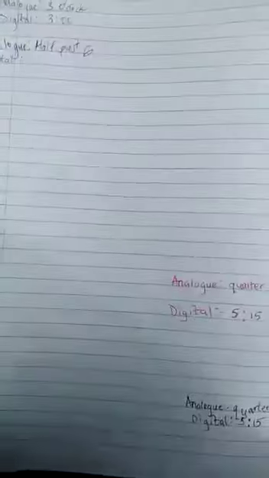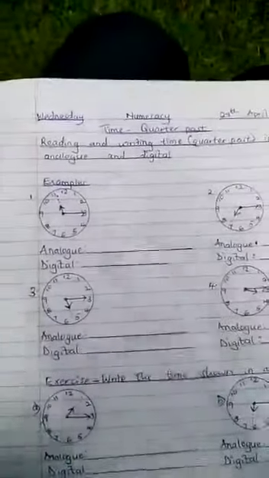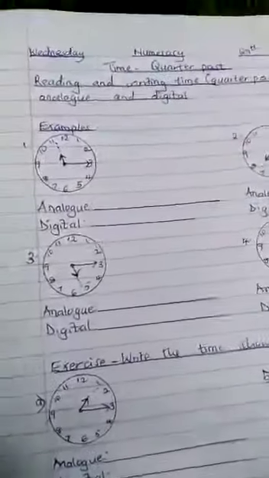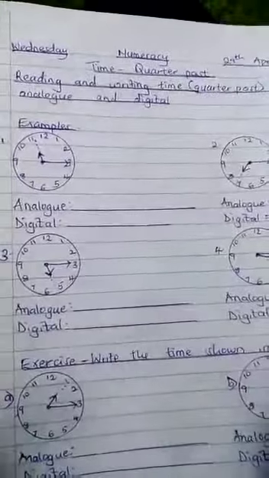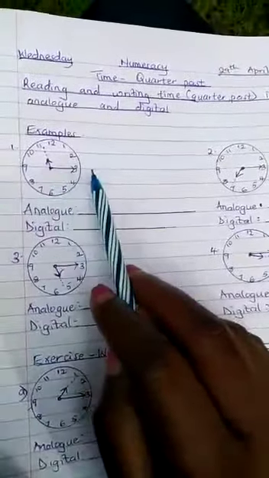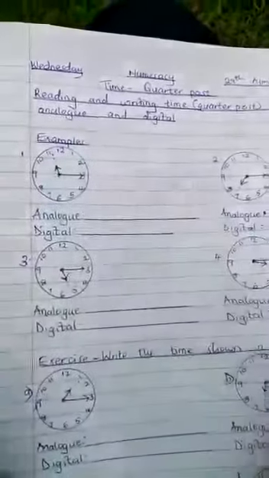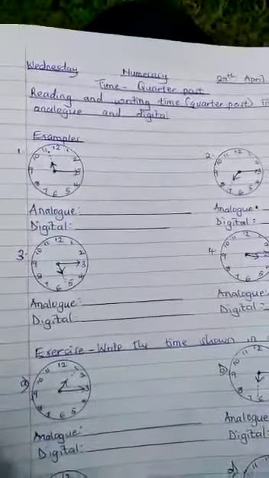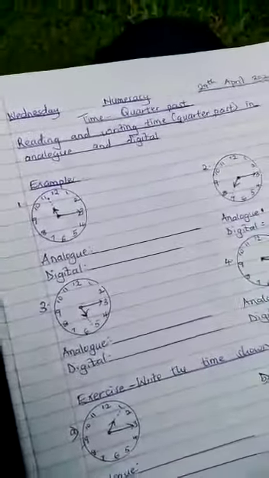Now we do more examples. The first example, the long hand is pointing at 3, and the short hand has just passed 11. So you are supposed to write this time in analog, which is in words.